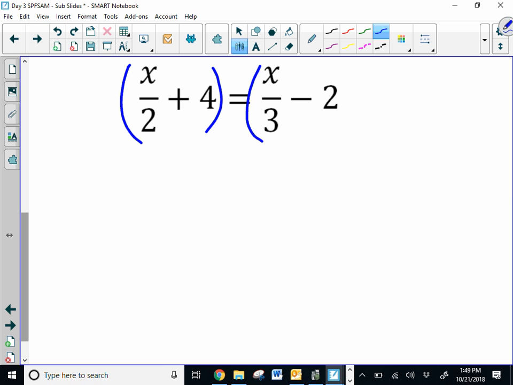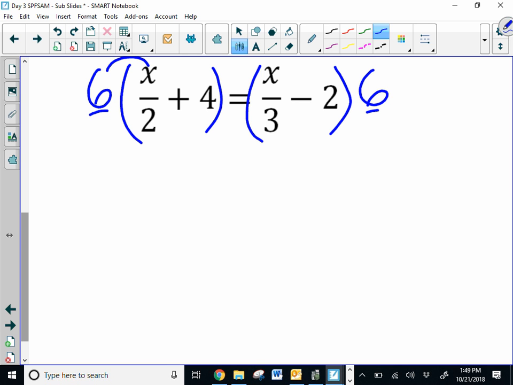We're going to multiply by the least common multiple of those two, which is 6. 6 is the smallest number that 2 goes into and 3 goes into. We could do 12 or 18; there are a lot of numbers that both 2 and 3 go into. Any of those will work, but 6 is going to be the easiest because it gives us the smallest numbers to deal with.